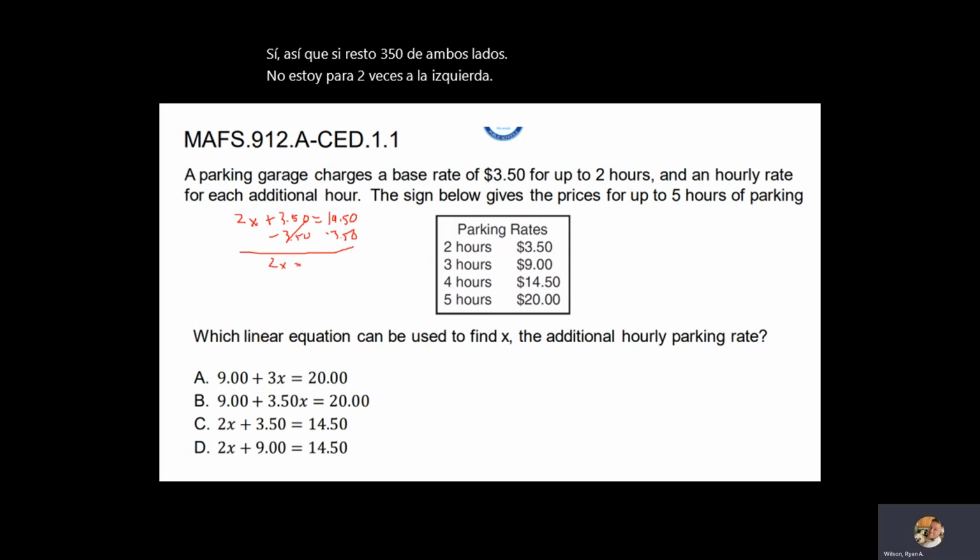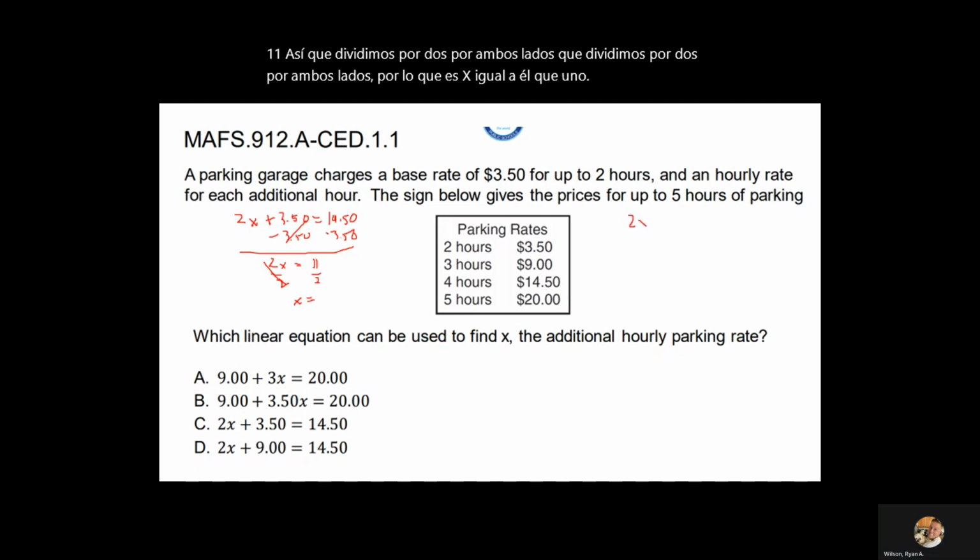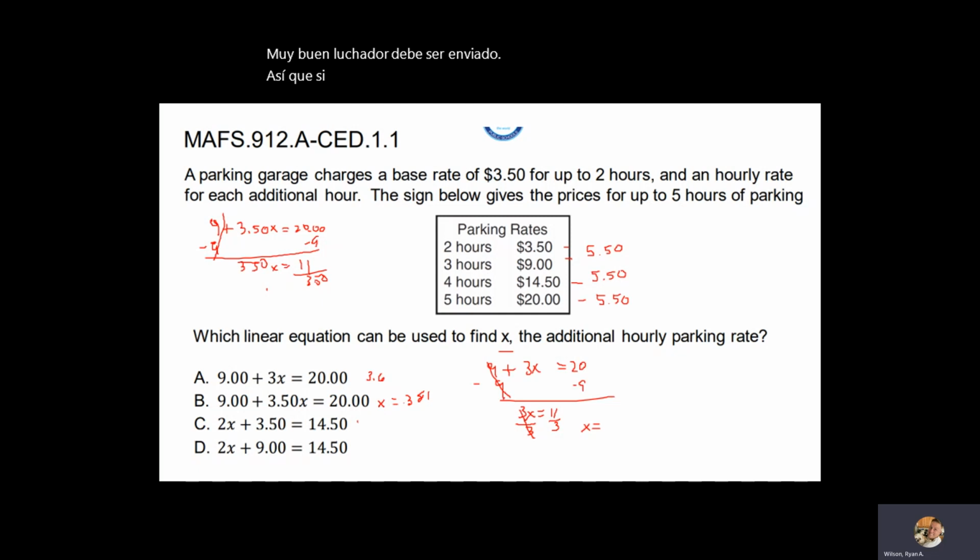And then 1450 minus 350 is 11. So we divide by 2 on both sides. So what's x equal to with that one? Very good, $5.50. So if I go back, I can write that one right here.